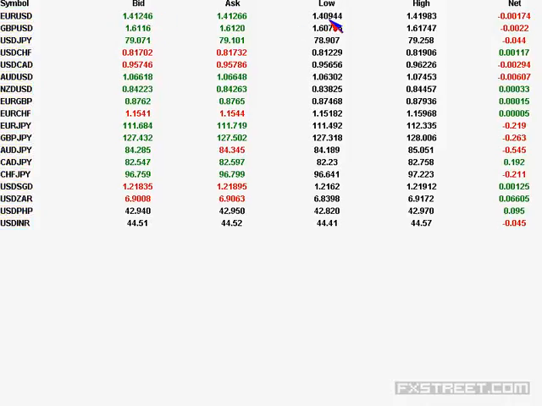Then later on it started making the slide, and then towards close of the European session it started making that breach below that of 1.4140 and came all the way to that of 1.41 area, and then started making the gain.